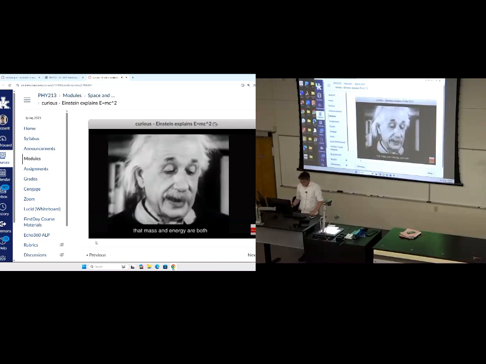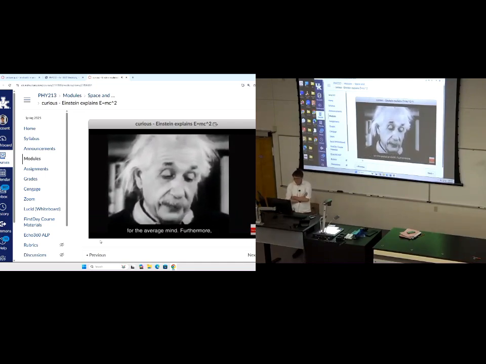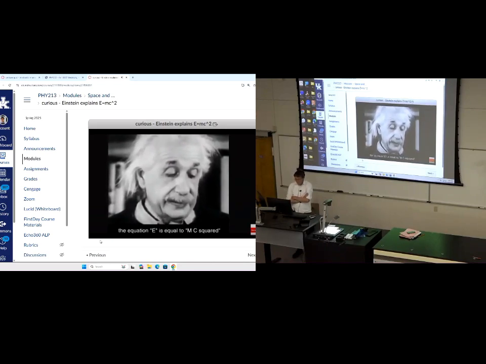That mass and energy are but different manifestations of the same thing, a somewhat unfamiliar conception for the average mind. Furthermore, the equation E equals mc squared, in which energy is thought equal to mass multiplied with the square of the velocity of light, showed that a very small amount of mass may be converted into a very large amount of energy, and vice versa.